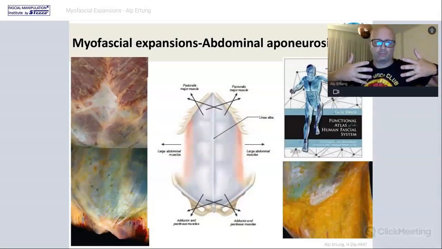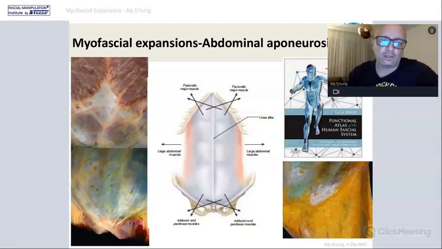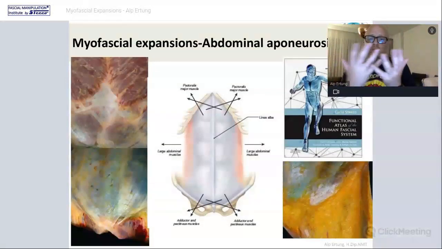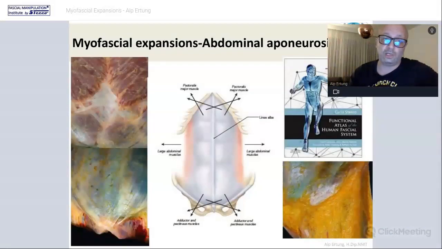And here we have the adductor muscles and pectineus muscle, which are able to affect the abdominal aponeurosis by transferring force, transferring load there, and a three-dimensional relationship between all of these structures.